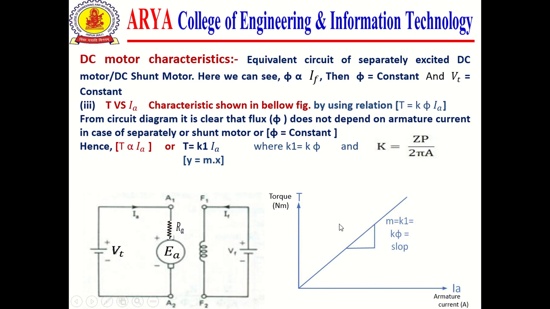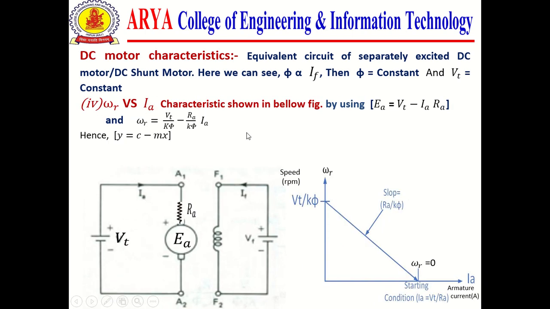The slope of this straight line is k phi, where k1 equals k phi in terms. I hope this characteristic is clear with the help of these relations.